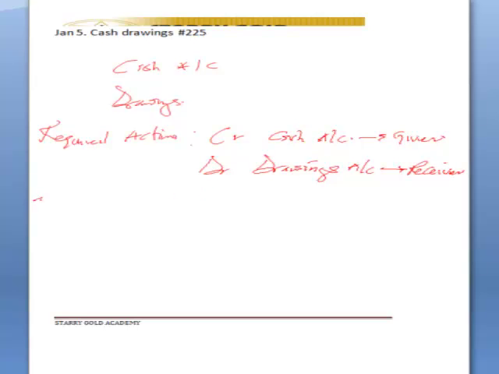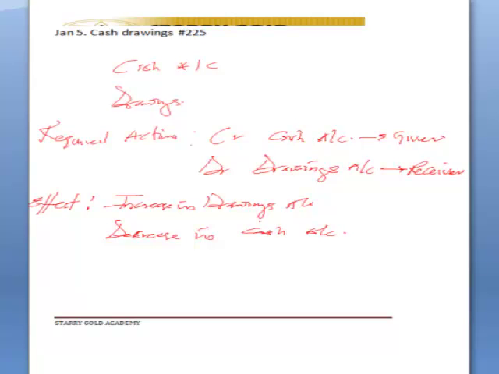So what will be the effect? The effect here is an increase in drawings account, and there is a decrease in cash account. Okay, so that is it.